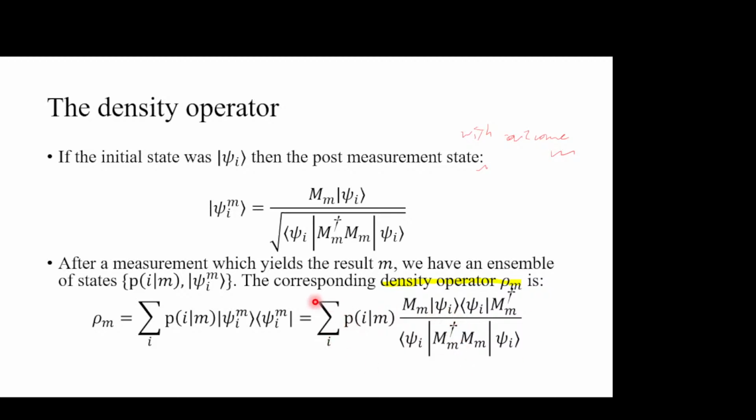Now we just write down the formula: summation p(i|m), and then this thing projected on this thing, so that's M|psi><psi|M dagger, and then this thing squared is just <psi|M dagger M|psi>.